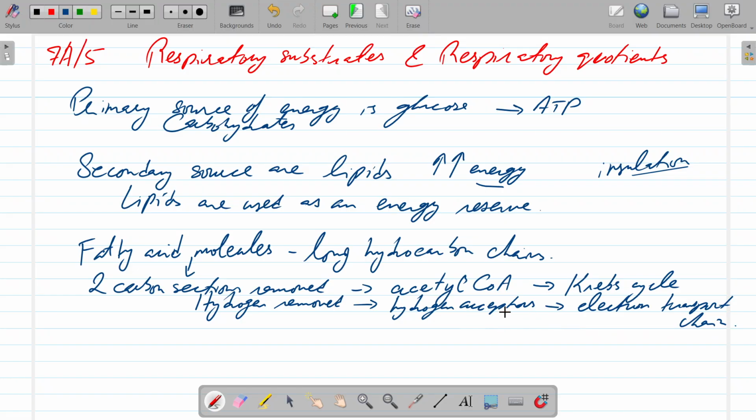Now, this one actually happens much faster than this. So acetyl coenzyme A is fed into the Krebs cycle, but comparative to how quickly that happens, the hydrogen removed is picked up by the hydrogen acceptors, and they move on to the electron transport chain much more quickly as compared to acetyl coenzyme A going into the Krebs cycle.